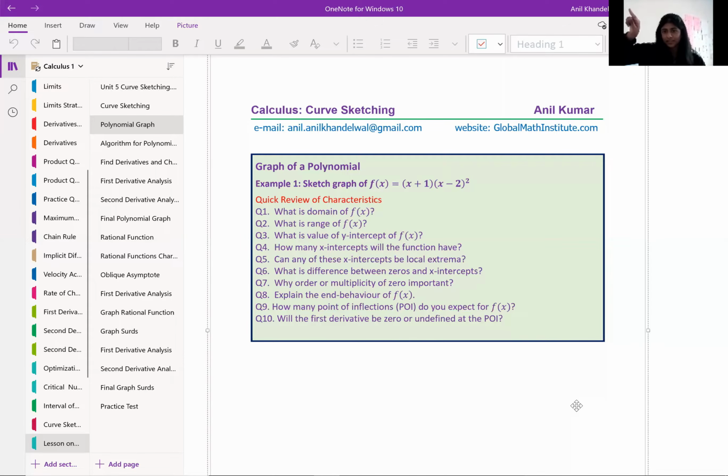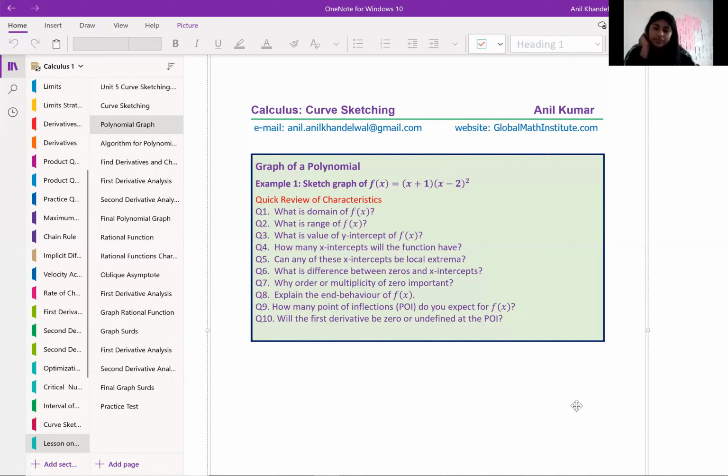Yeah, we are talking about the point of inflection. It is very important to understand: if I have a cubic function, then the x-axis crosses the point of inflection where the first derivative is 0, because the tangent is horizontal, correct?